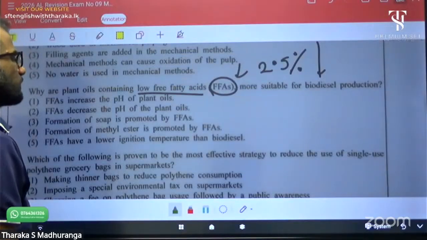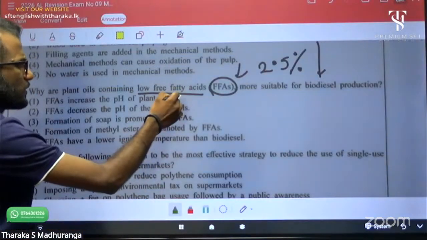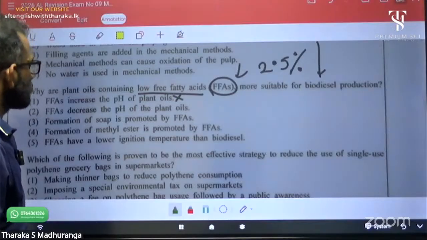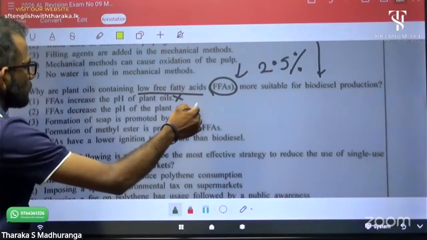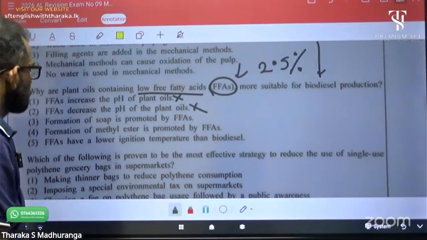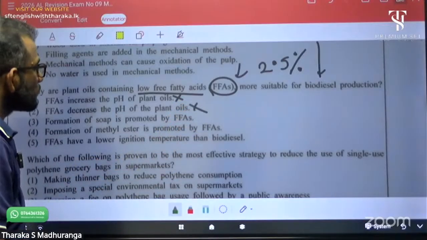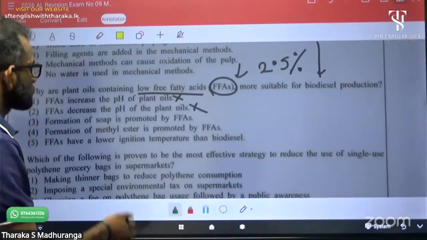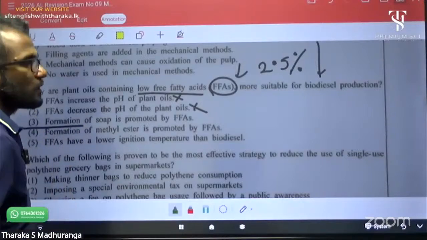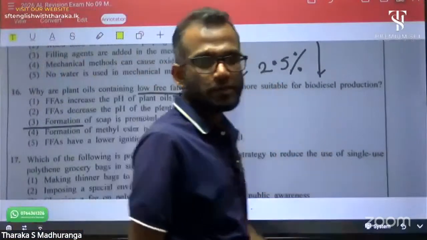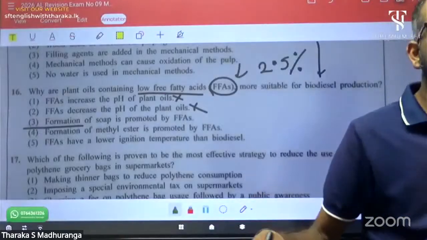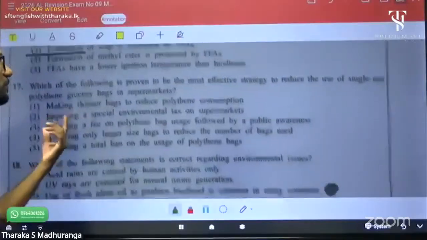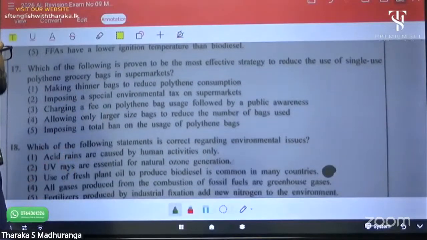Free fatty acids increase the pH of plant oil? No, pH does not affect biodiesel production. Free fatty acids decrease the pH? That is also not a problem. The formation of soap is promoted, and that's the reason. If it is greater than 2.5% free fatty acid, it produces a huge amount of soap. That's a problem for biodiesel production quality.